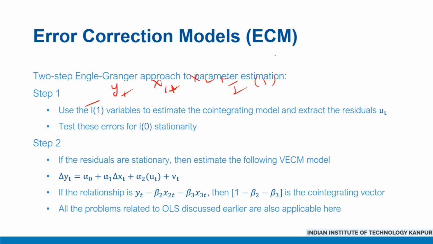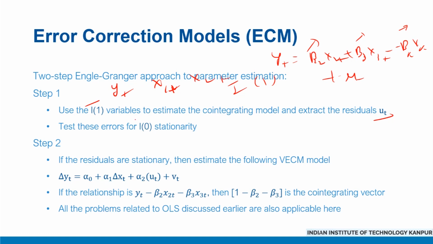Then in a model like y_t = beta_2 x_2t + beta_3 x_3t and so on up till beta_k x_kt, we estimate the residuals from this model, that is mu_t. At this stage, because this relationship is not necessarily co-integrated, we cannot say anything about the hypotheses behind beta_2, beta_3 and beta_k and their statistical significance.